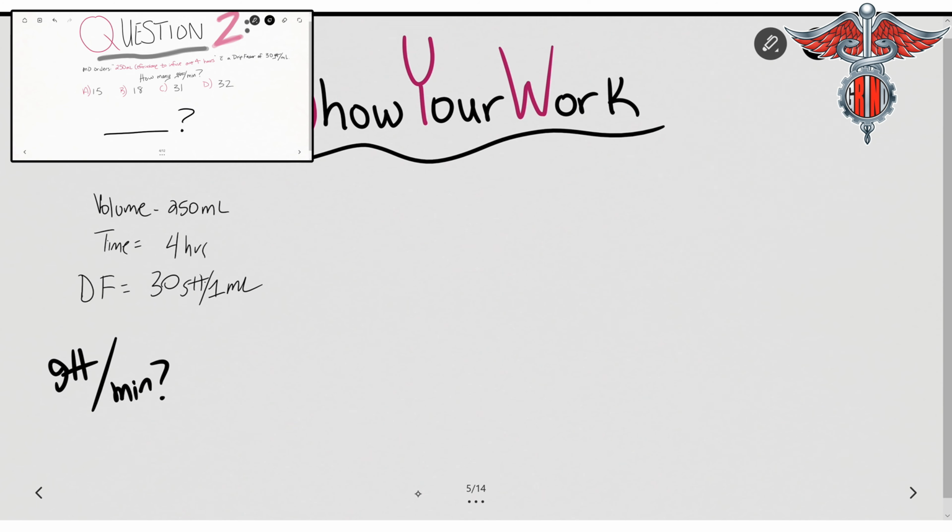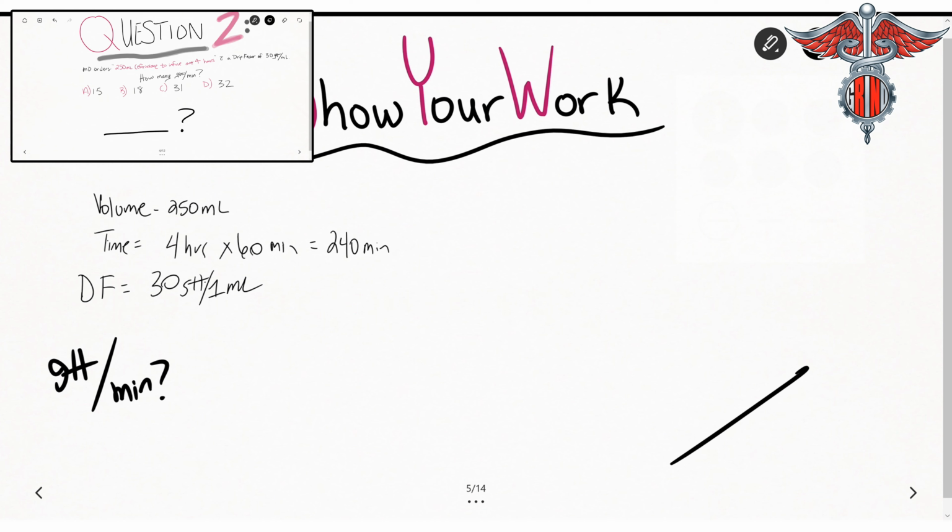Never forget what you're solving for. So we need to solve in drops per minute. So let's go ahead and convert our time over to minutes. 4 hours times 60 minutes in 1 hour equals 240 total minutes. So we already know we're infusing over 240 minutes, right? We're solving for minutes on the bottom, so we already know 240 minutes on the bottom.